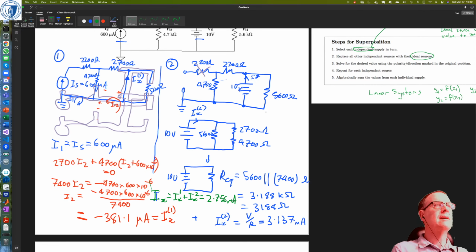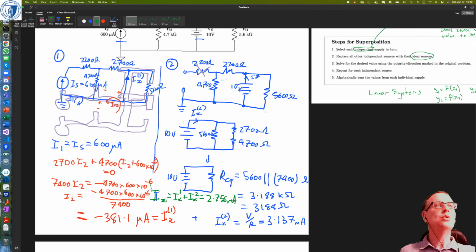Okay, so in this particular question, we didn't have to do too much out of the ordinary. Sometimes you'll have to do a full mesh analysis or a full nodal analysis.